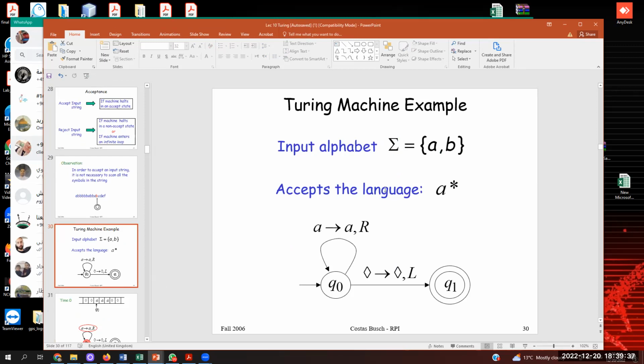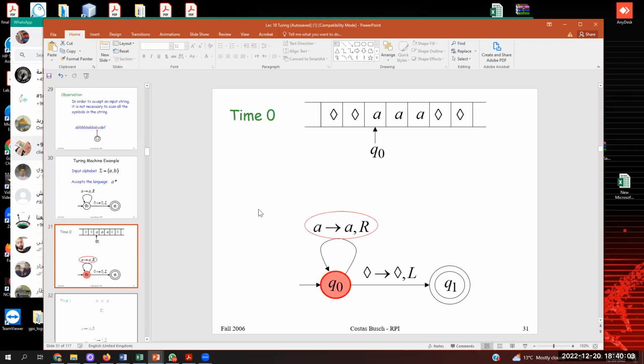So this is an interesting automata here. It accepts the language A star. If I am at Q0 and I have many A's, as long as you have A, keep going to the right. If you have a blank, leave it blank and go to the left and then end the state. For example, this is the example here.